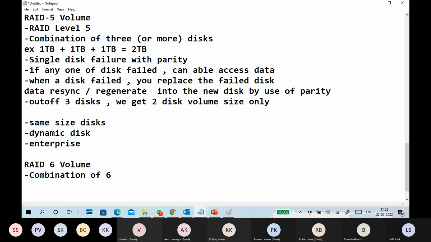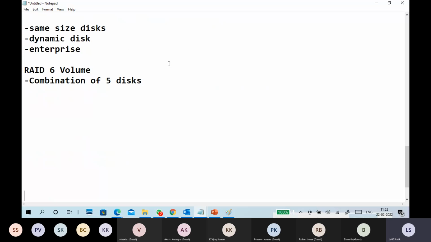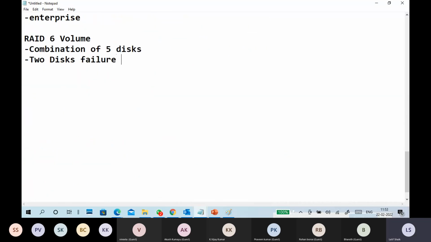Here we use 5 disks. It is a 2 disk failure, so 2 disks are allowed to fail. It is a 2 disk failure with parity.